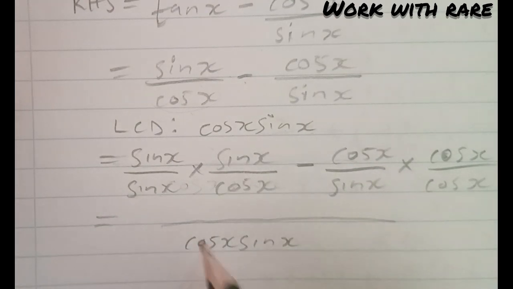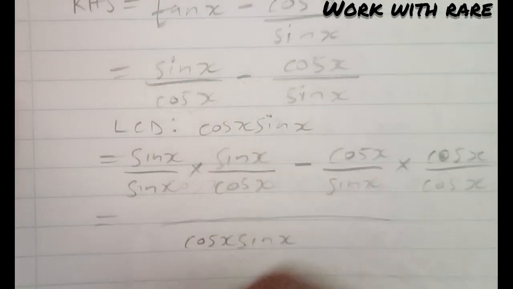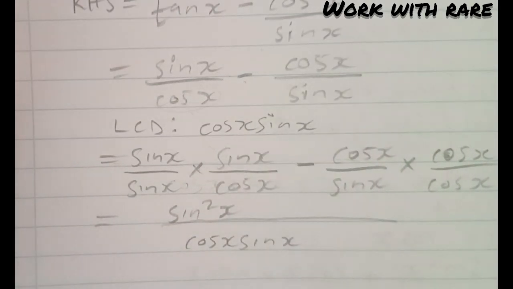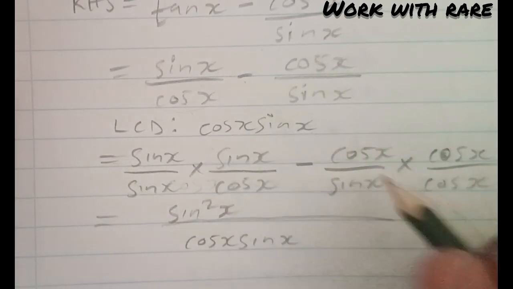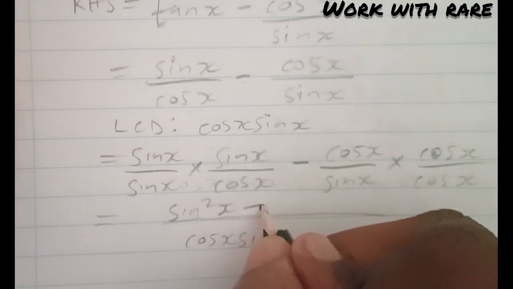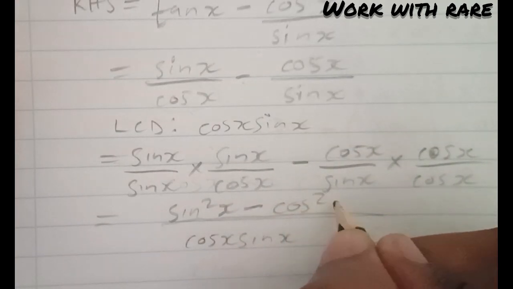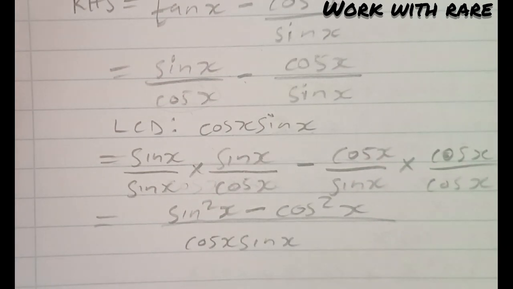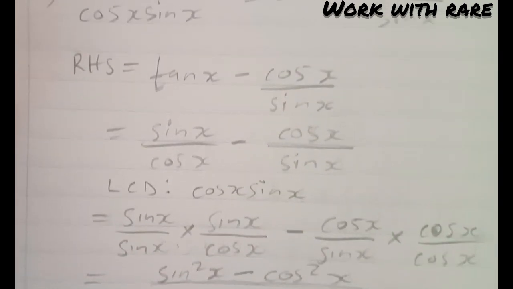Sine x multiplied by sine x is sine squared x because there are two sine x. Same here, we have cos squared x. After this step you have to go back and check.